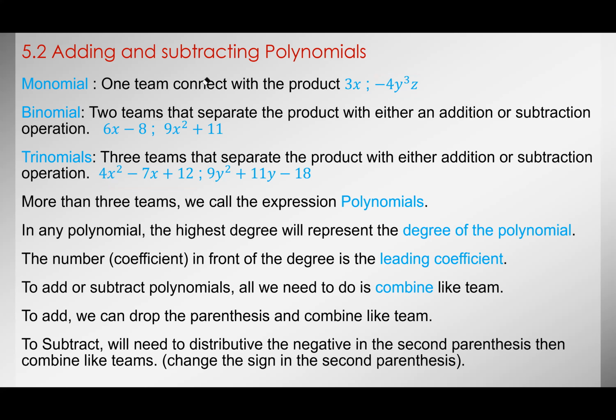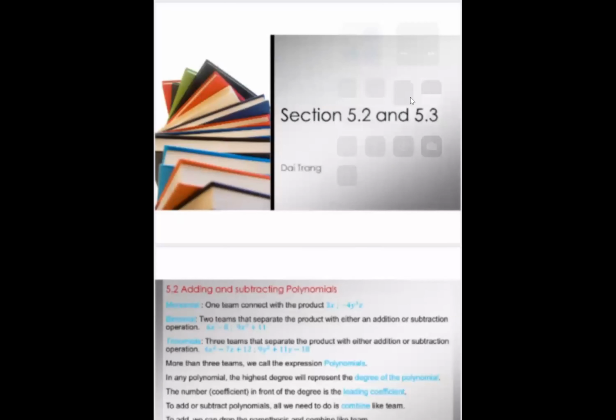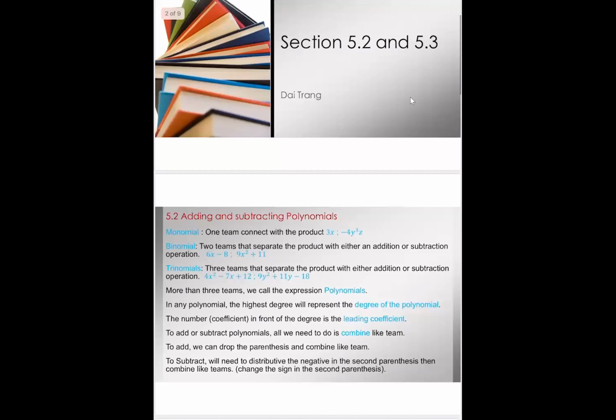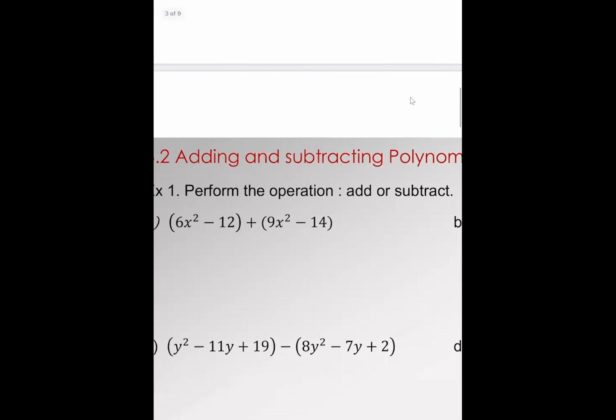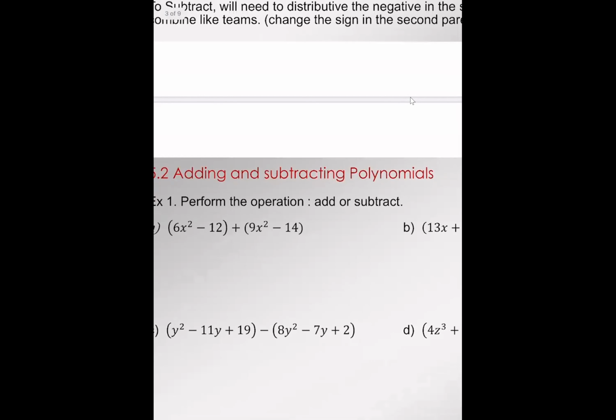Okay, so let's take a look at this material. Let's see what kind of problem we have. So my problem, example one, as you can see, they tell you perform the operation, add or subtract.